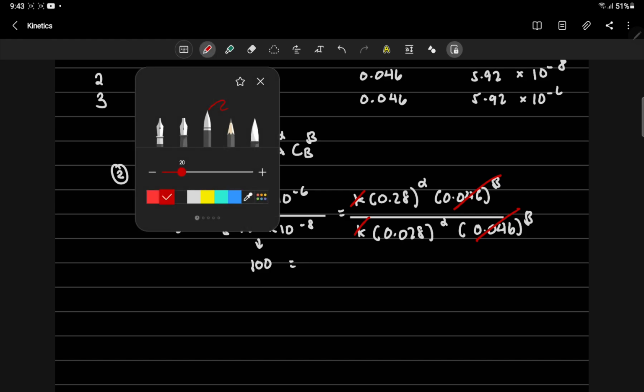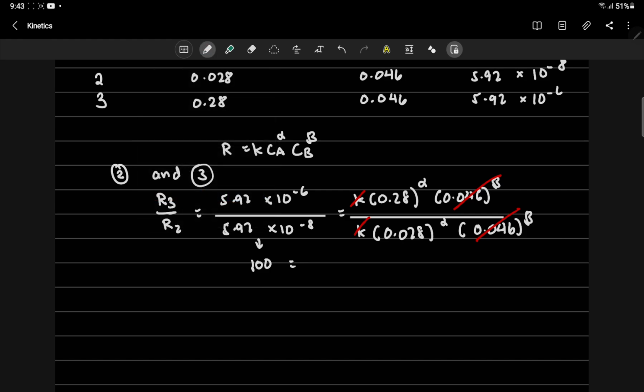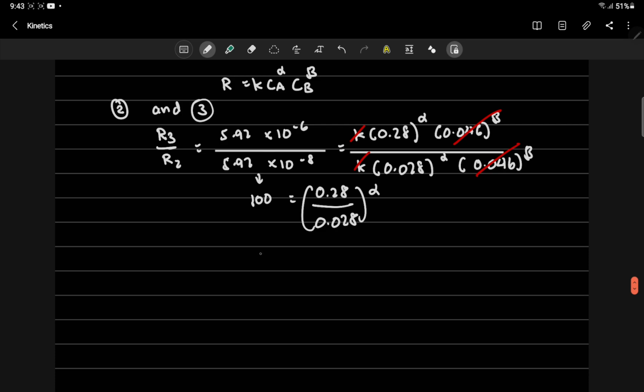So what remains in our working equation will be 0.28 over 0.028 raised to alpha. So we have 100 equals 0.28 over 0.028. That's actually equal to 10 raised to alpha. So if we're going to solve for alpha, the answer will be 2. So therefore, we have now found the order of the reaction in species A.